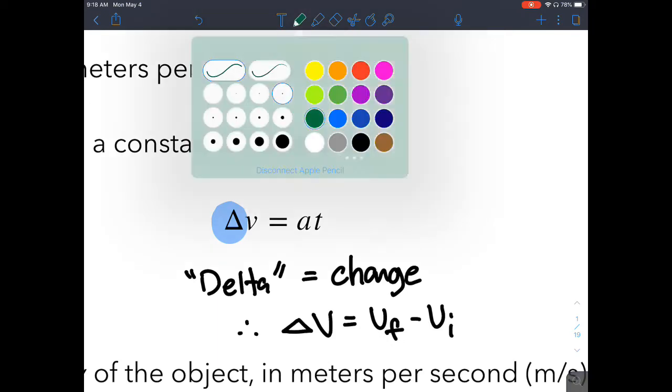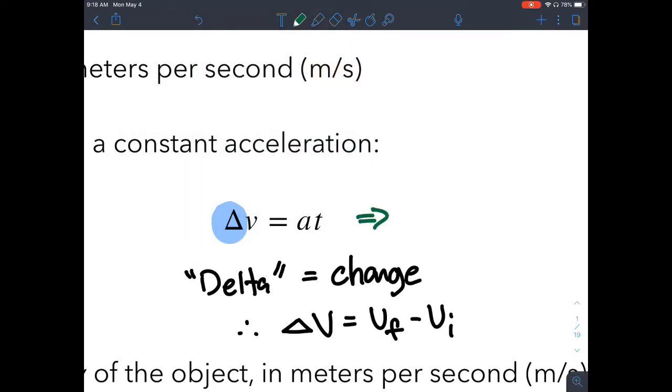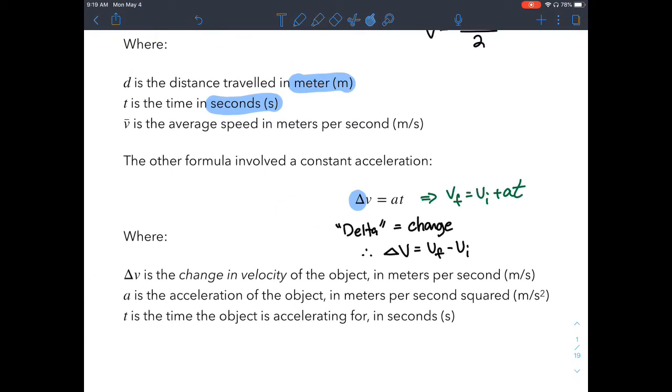Which means this formula, how I like to write it and how I like to look at it, is our final velocity is going to be our initial velocity plus the acceleration times time, where I just plugged in my V final minus V initial and then moved the V initial over to the other side, okay? Either way, it doesn't really matter how you look at this question, okay?